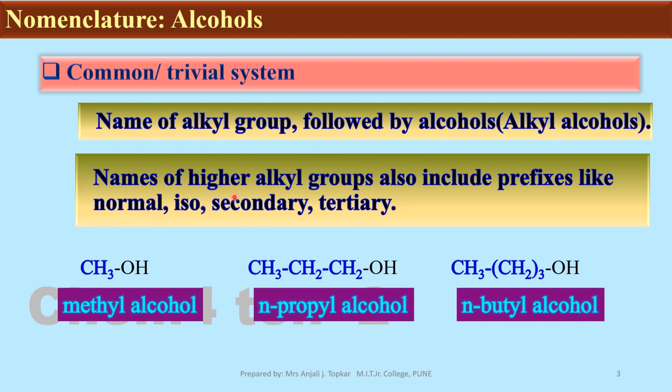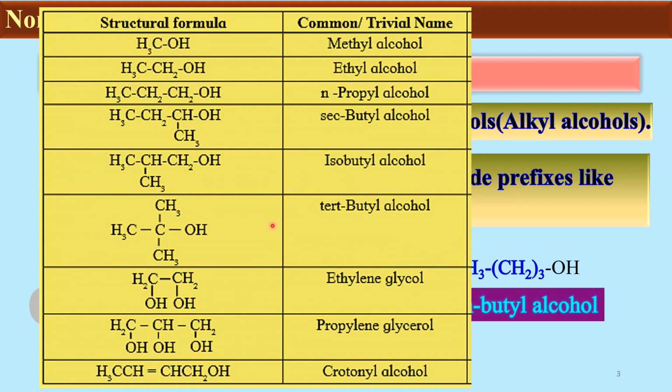Names of higher alkyl groups also include prefixes like normal, iso, secondary and tertiary. Let's see the example to understand it well. As it can be seen here, let's try with this example. CH3, CH2, CH2OH.